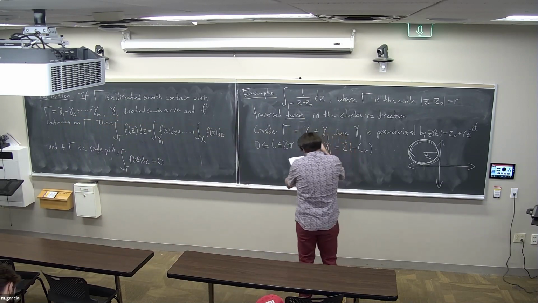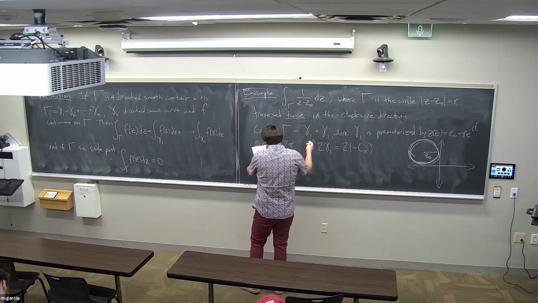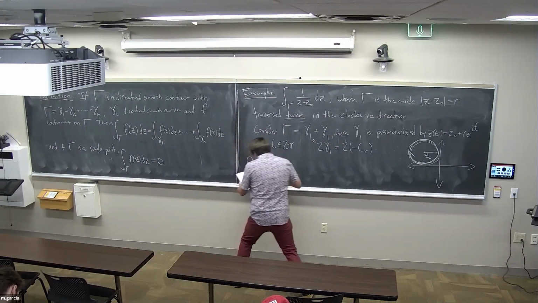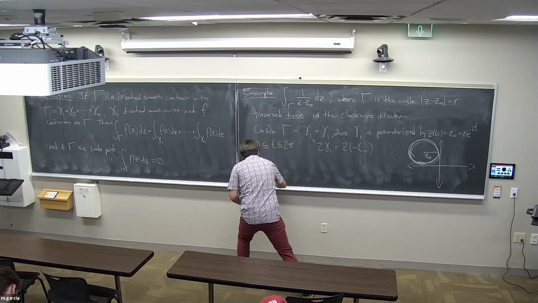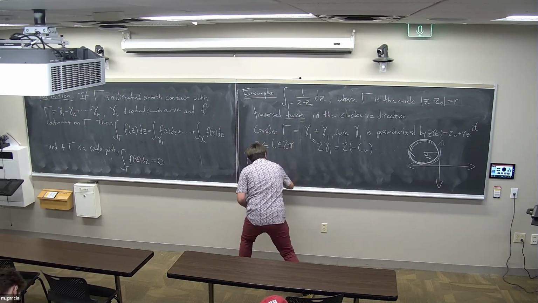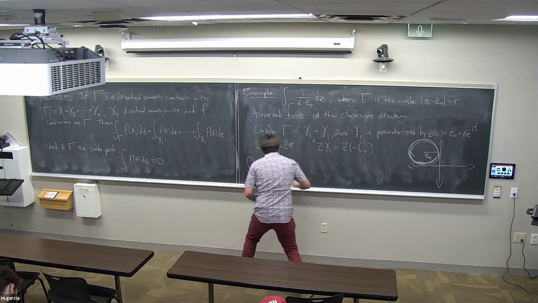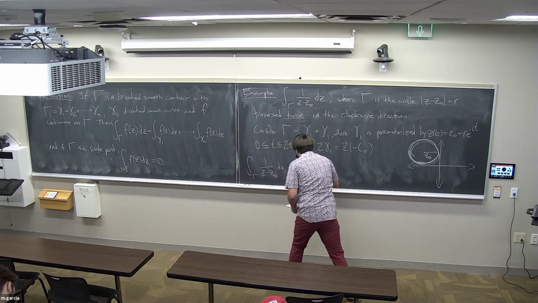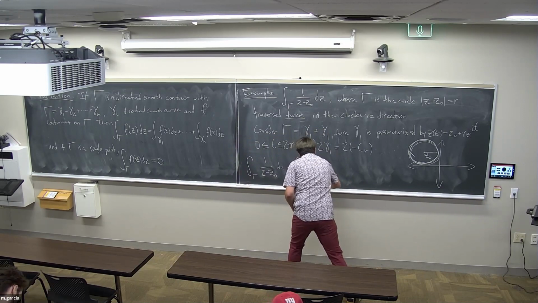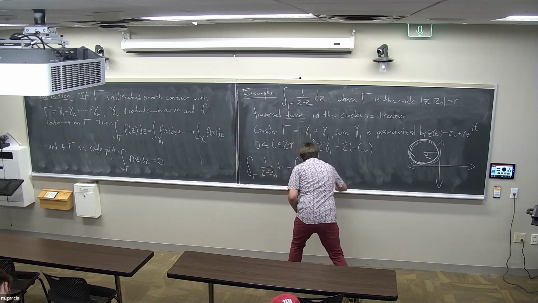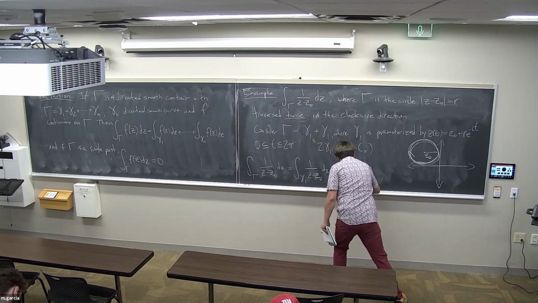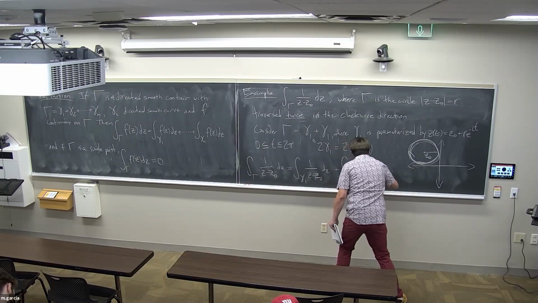All right. So what do we get here? I'll take the integral over gamma of 1 over z minus z naught dz, which is equal to the integral over gamma 1 of z minus z naught dz plus the integral over gamma 1 of 1 over z minus z naught dz.